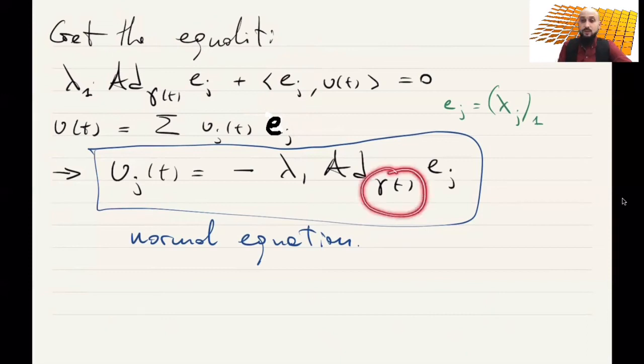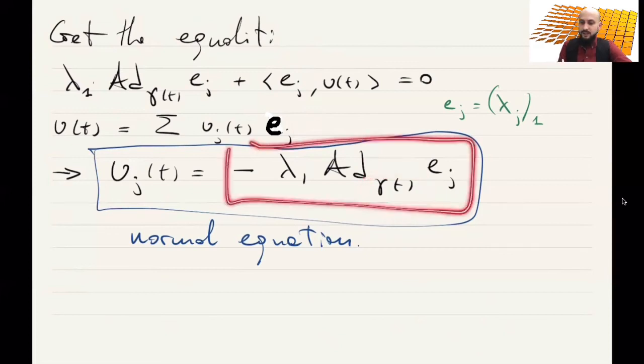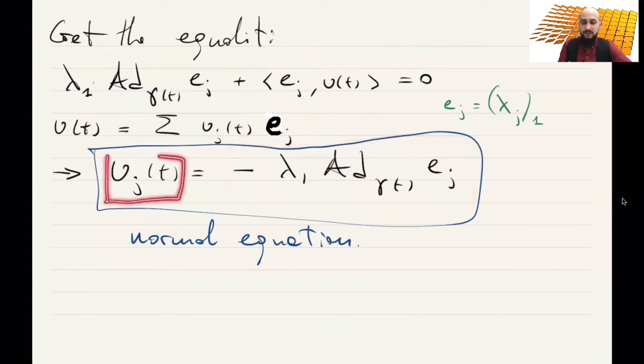So this is the normal equation, and the first implication of the normal equation is the following. Remember, gamma is a continuous curve. So this right-hand side is a continuous function. This means that this function, which a priori was just in L2, is actually continuous. So u is continuous.